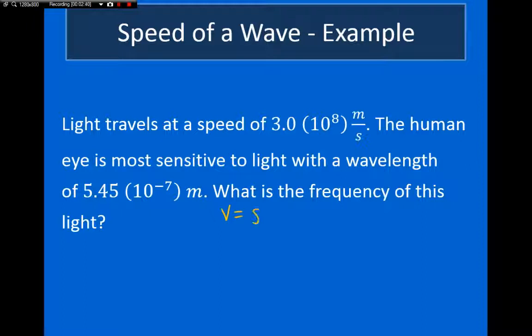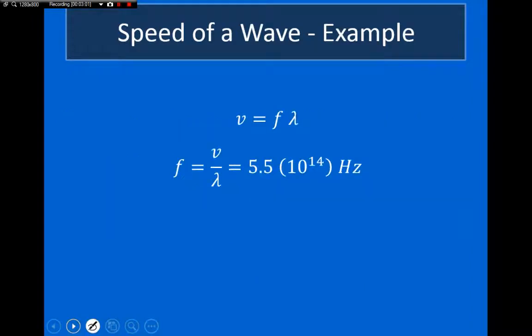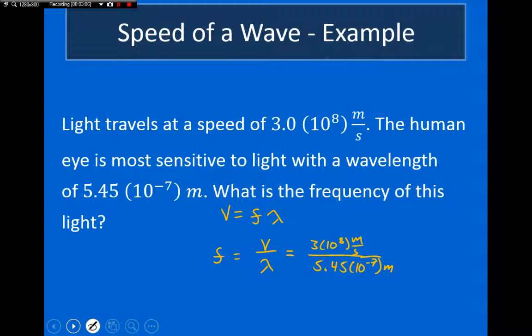So speed is equal to frequency times wavelength, so the frequency is equal to the speed of the wave divided by wavelength. Plugging in the speed and the wavelength, we see that the frequency of the wave is 5.5 times 10 to the 14 Hertz. Okay?